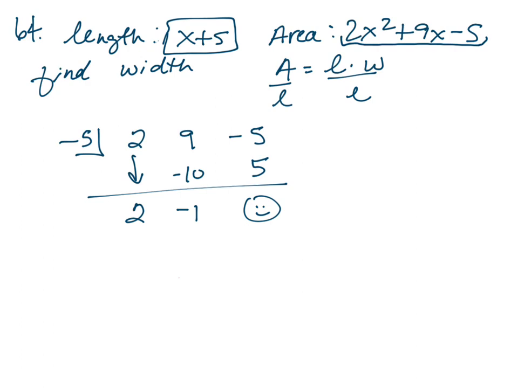What that tells me is that x plus 5 was a factor. That was the length. And the other factor that I just found here, 2x minus 1, is the width. 2x minus 1. And there is no remainder. We just found the two factors of the area.